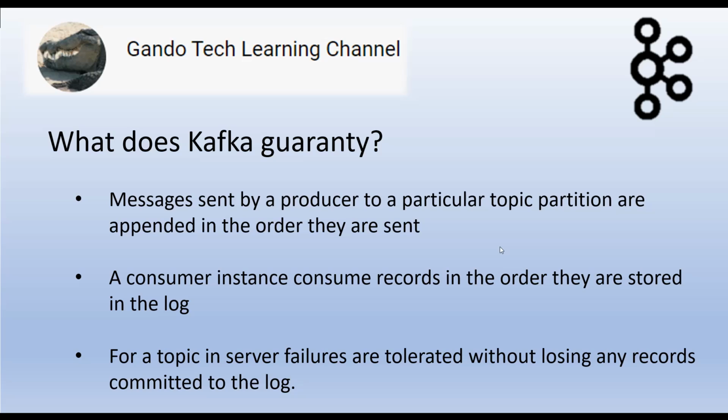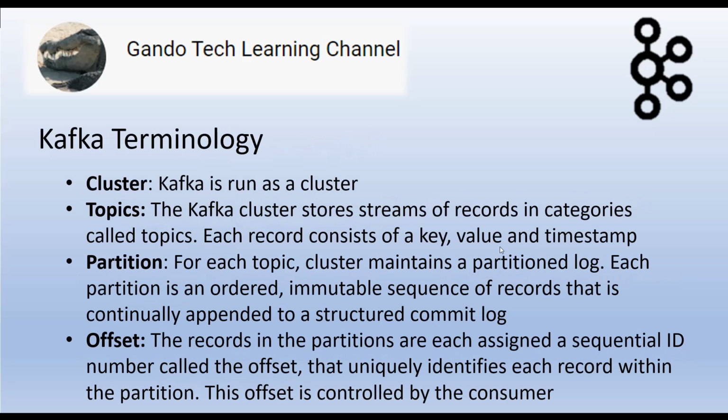And the other thing is, in case of any failure, any data that has been delivered into Kafka up to that failure will be safe. That's the whole thing about Kafka.